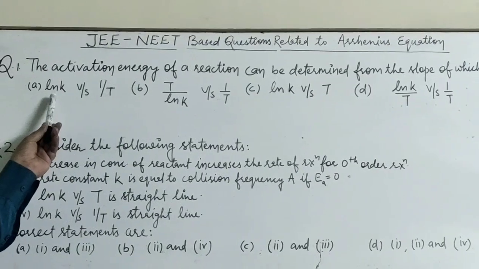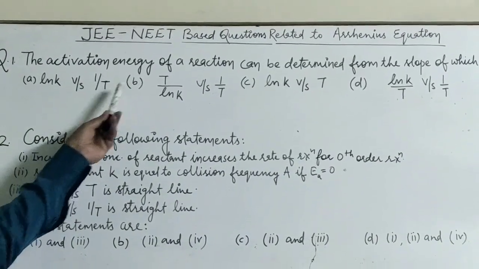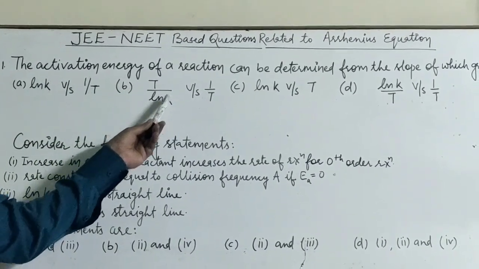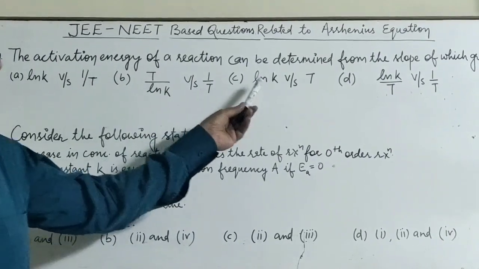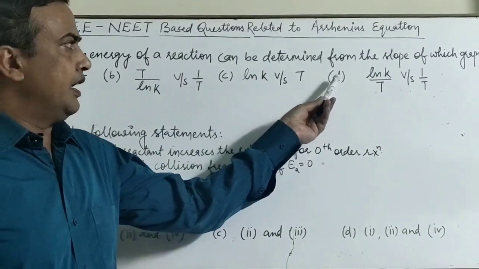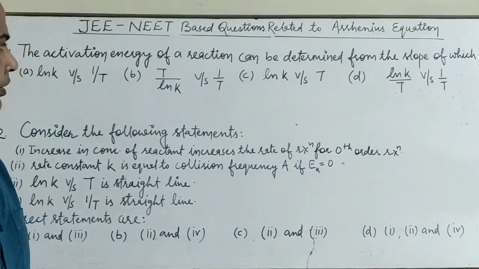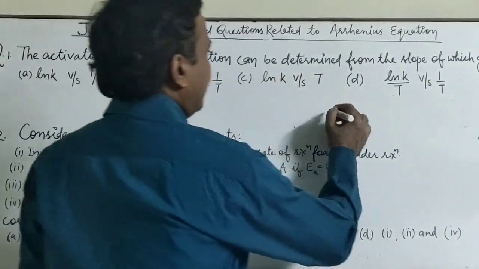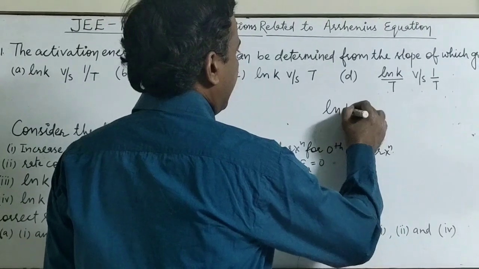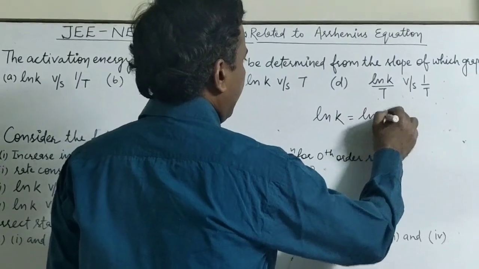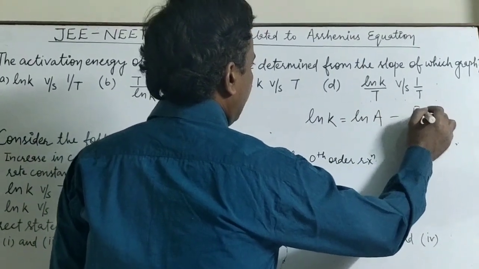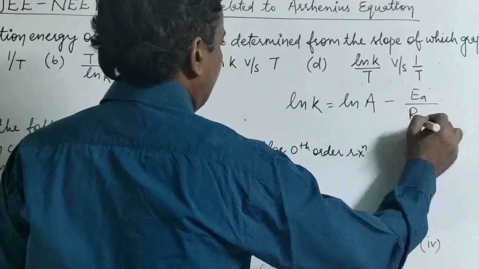Your options are: first, log k versus 1 upon T; second, T upon log k versus 1 upon T; third, log k versus T; and fourth, log k upon T versus 1 upon T. We know the Arrhenius equation is given as log k is equal to log A minus Ea upon RT.